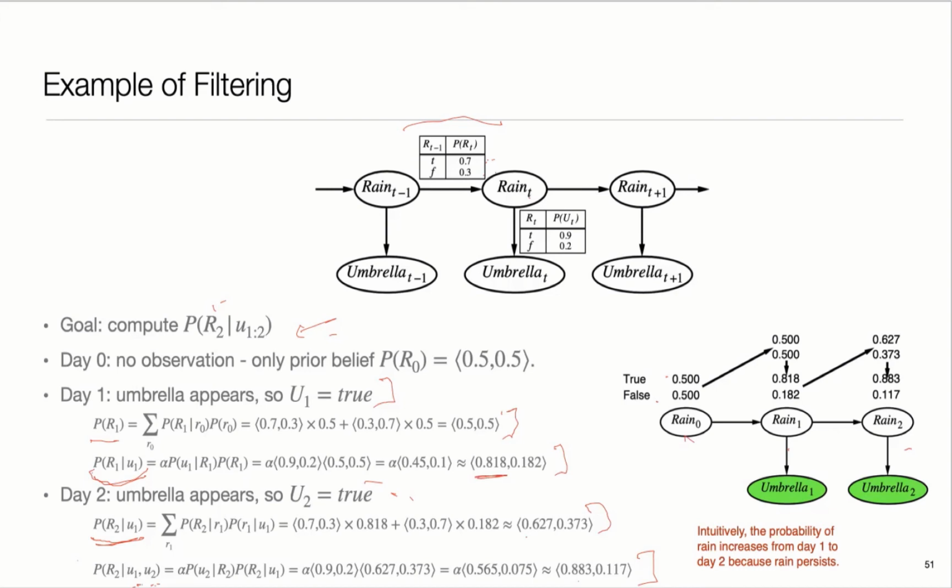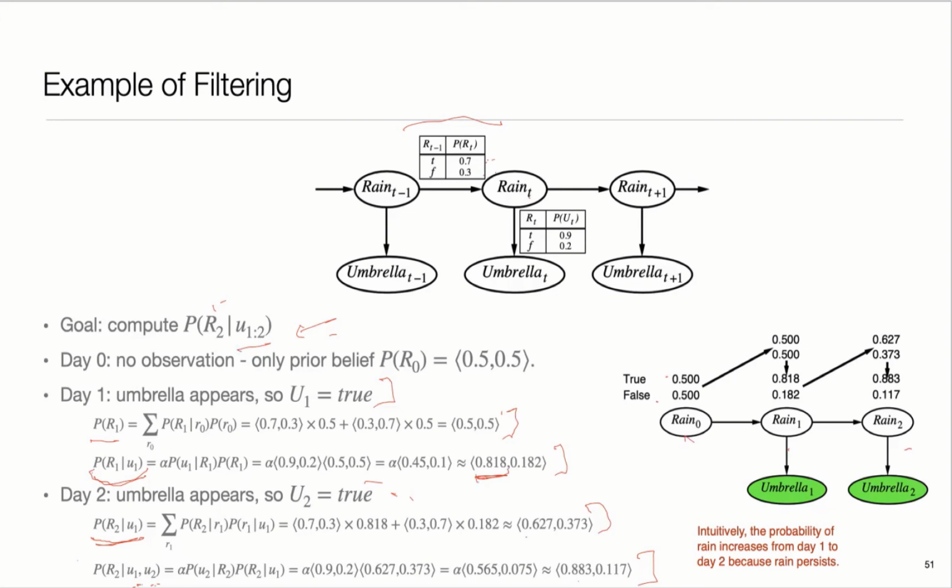You could also imagine, and we'll see it next, that given U1 and U2, maybe I want to compute R1. On day 1, I saw the umbrella and I end up with a probability of 0.818 that it is raining outside. But if on day 2 I also saw the umbrella, then my belief that it was raining on day 1 is even stronger. That would be an example of smoothing, going back in time.